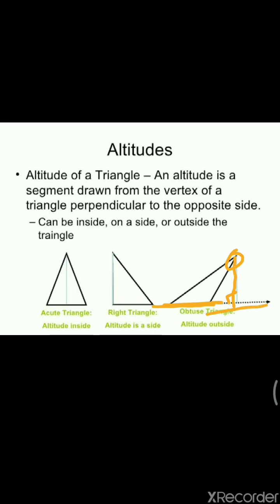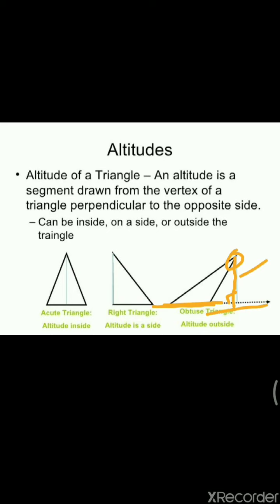Perpendicular can be drawn to the extended part of the line. Okay, line can be extended. This is the perpendicular. So, we observe that in obtuse angle triangle, perpendicular is outside. That is, altitude is outside the triangle, because altitude is actually the perpendicular from the vertex to the opposite side.